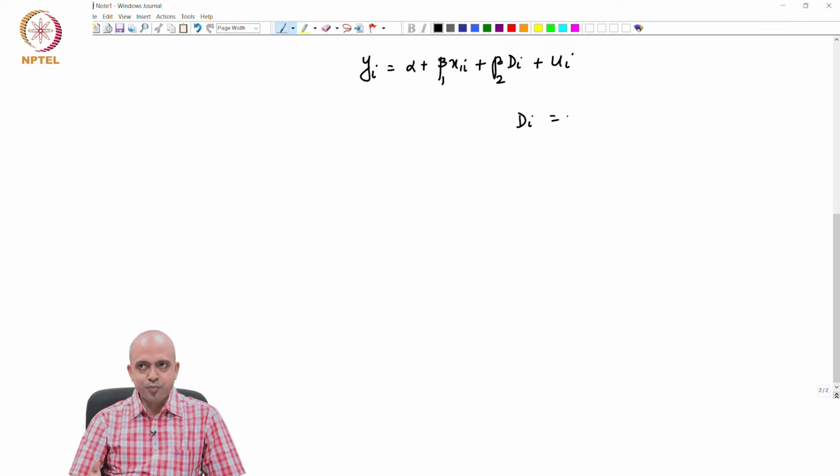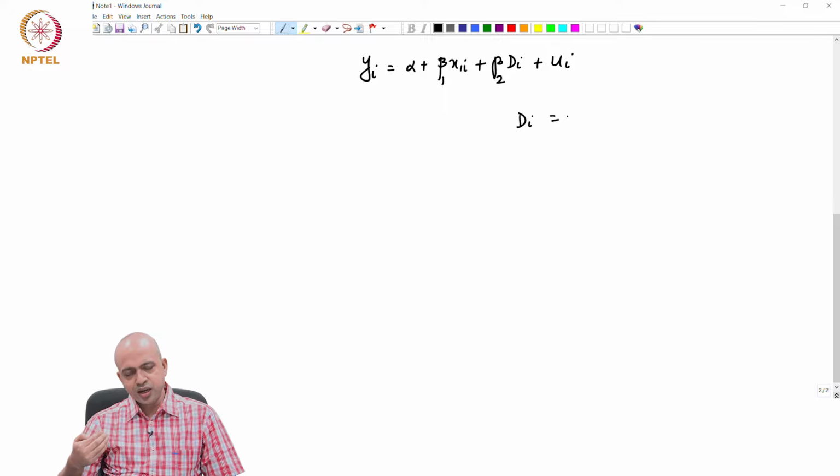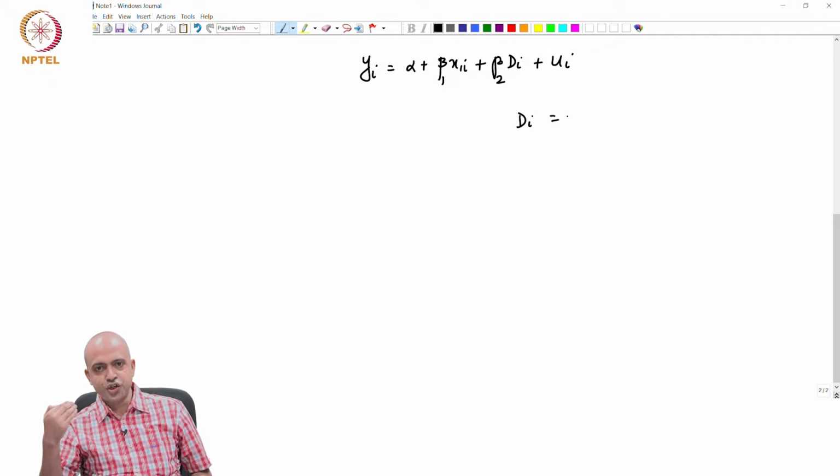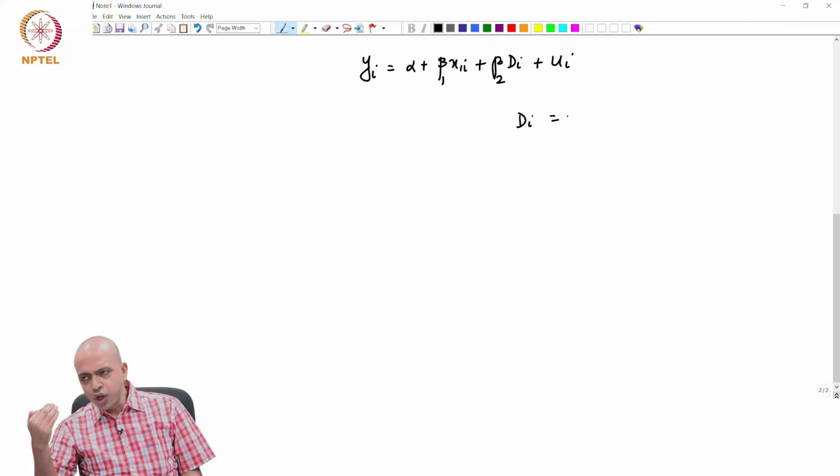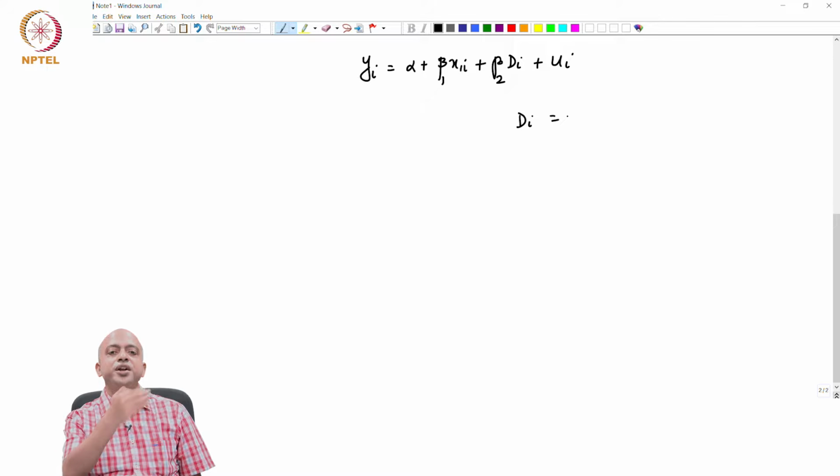So, it might so happen that given the same amount of qualification, male workers are earning a higher salary than the female workers. That means there is a gender discrimination in the labor market. How will you answer those questions? Because gender is basically a qualitative variable, right. So, a qualitative variable you need to somehow make quantitative.